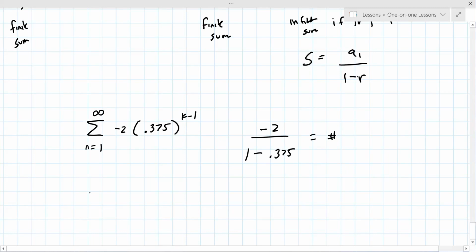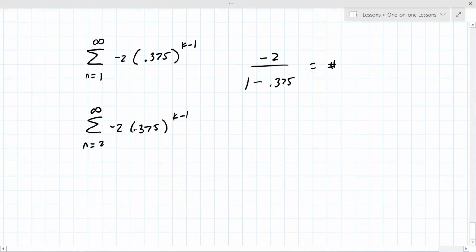Great. Now, what is the sum from n equals 2 to infinity of this one? This is what your instructor might ask you, because your first term is no longer the same. You actually have to calculate the first term. You put k equals 2 to get negative 2 times 0.375 to the 2 minus 1 power.